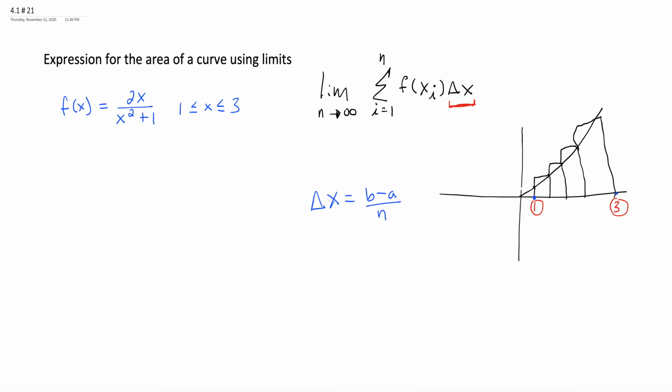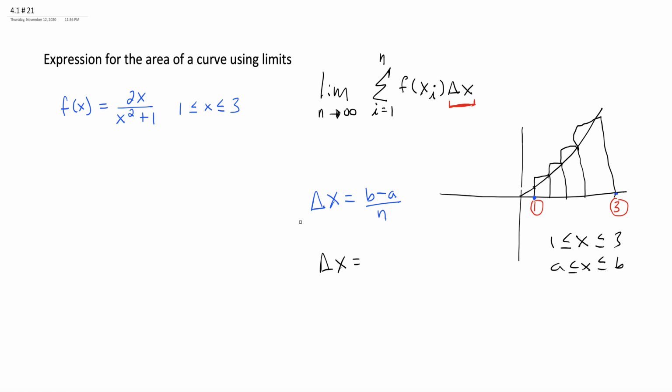So delta x equals, well, a is the beginning part of our domain and b is the end part of our domain. We're going from a to b. Another way to say it is that x goes from 1 to 3, meaning x goes from a to b.